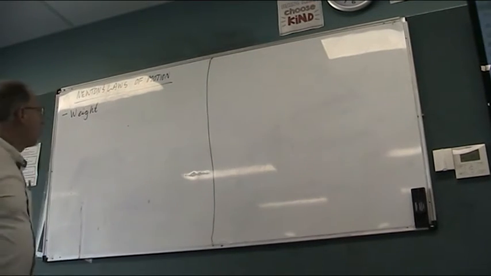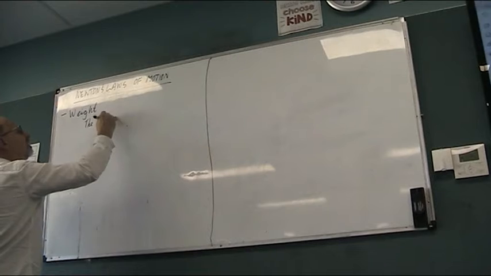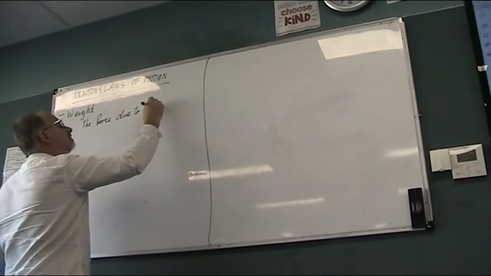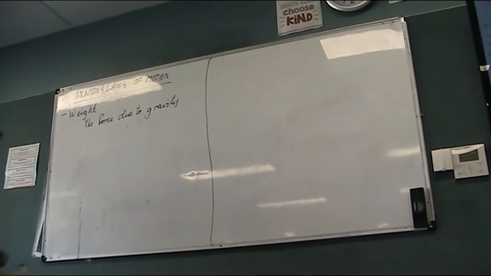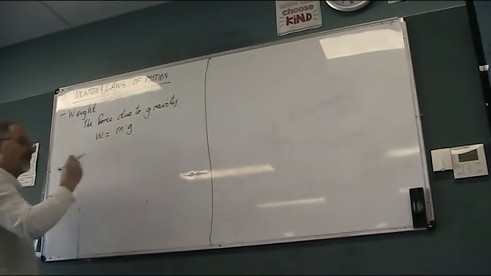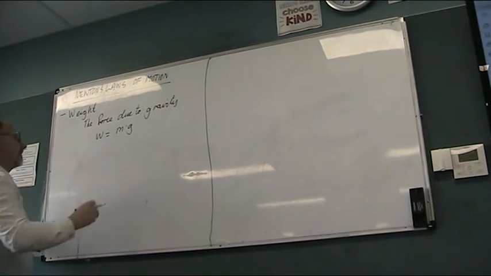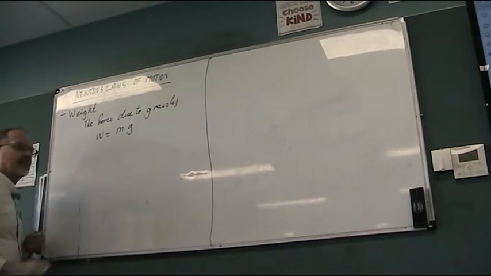Weight is the force due to gravity. And weight is the mass times g, which is the acceleration due to gravity, or the gravitational field strength.